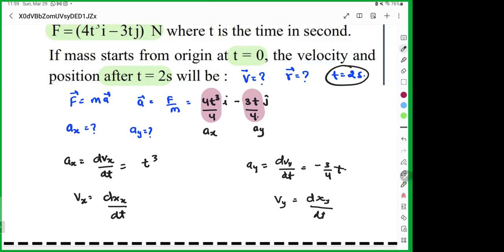The question will be lengthy, but the point is: first, from mass and force you calculate acceleration. Take the x-axis and y-axis separately. Calculate velocity, and after calculating velocity, calculate position. You have to do integration two times, and now you can solve this question.